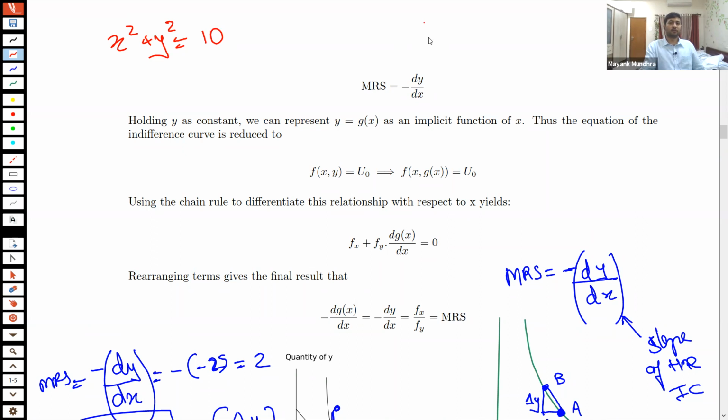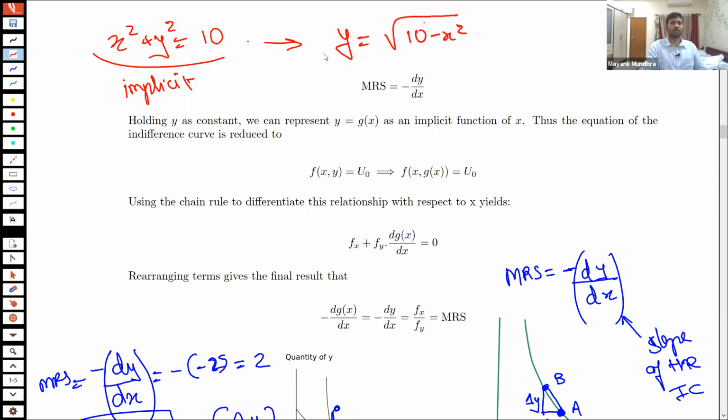The implicit form, sorry, this is the implicit form. Implicit: x and y are sort of intermingled with each other. The explicit form of the same equation would be y equals under root 10 minus x squared. So the explicit form is always y on one side, everything else on the other side. So when you write an equation as x plus y equals 10, this is the implicit form.